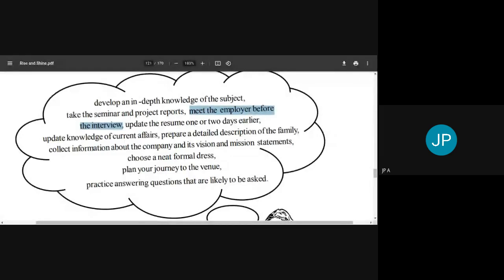Even when you have applied to the same company, for example, I have applied for a job in a company. After I attended the test, they called me for a group discussion. Then I go for an interview. There is a time gap of 2 or 3 months. Within that 2 or 3 months, I may have attended some trainings. I may have attended some small courses. All these details can be updated in the resume that I carry when I go for the interview.